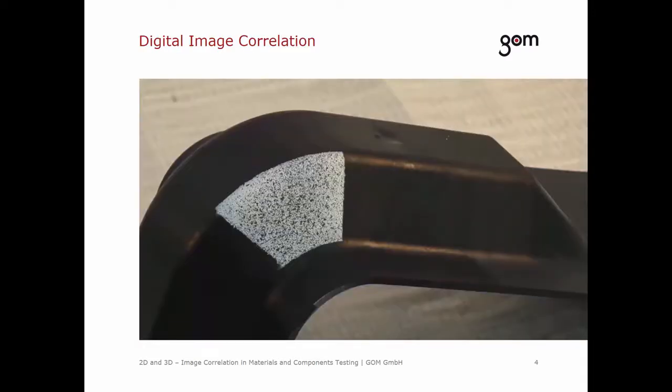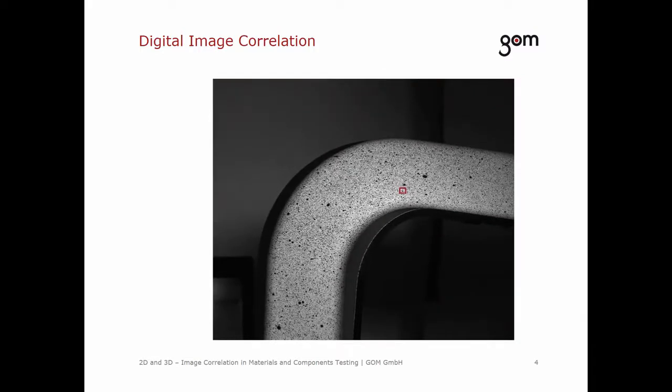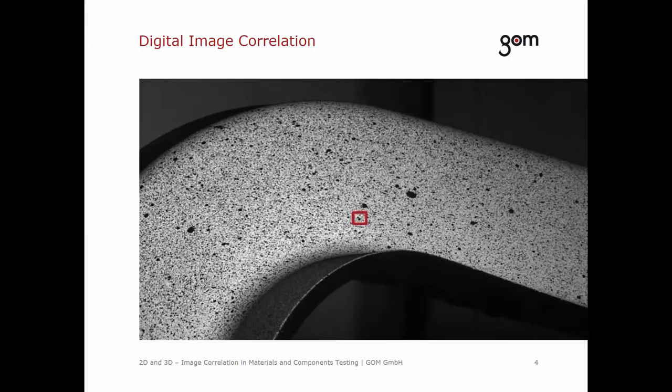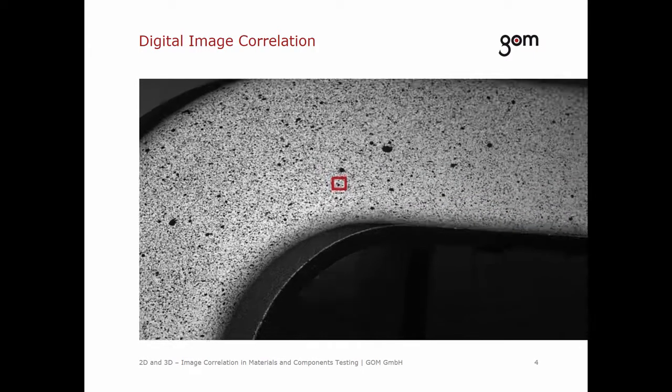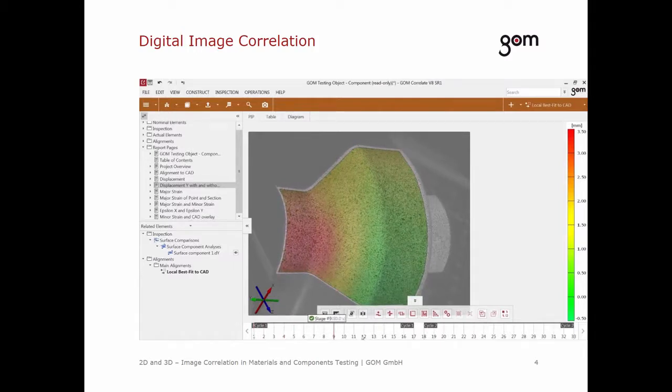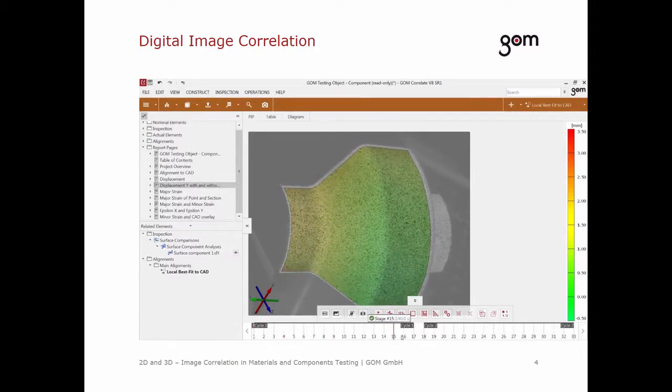So what is digital image correlation? Looking at this video here, you see a prepared part. For image correlation, a pattern needs to be put on the part that deforms with the specimen under load, for 2D or 3D cases. You see a facet, an area in this image, which is calculated using the gray value distributions inside this area. There are thousands placed on the images and thus followed throughout a series of images.